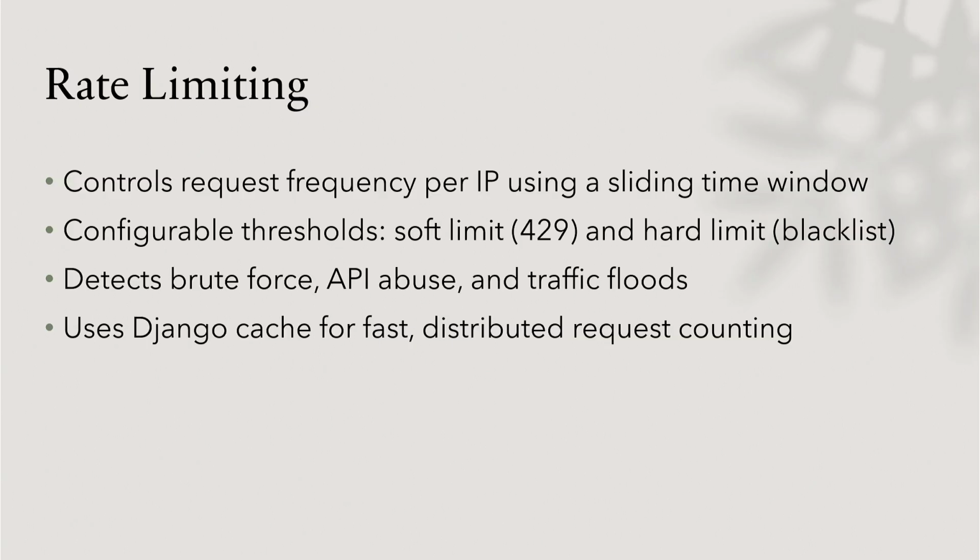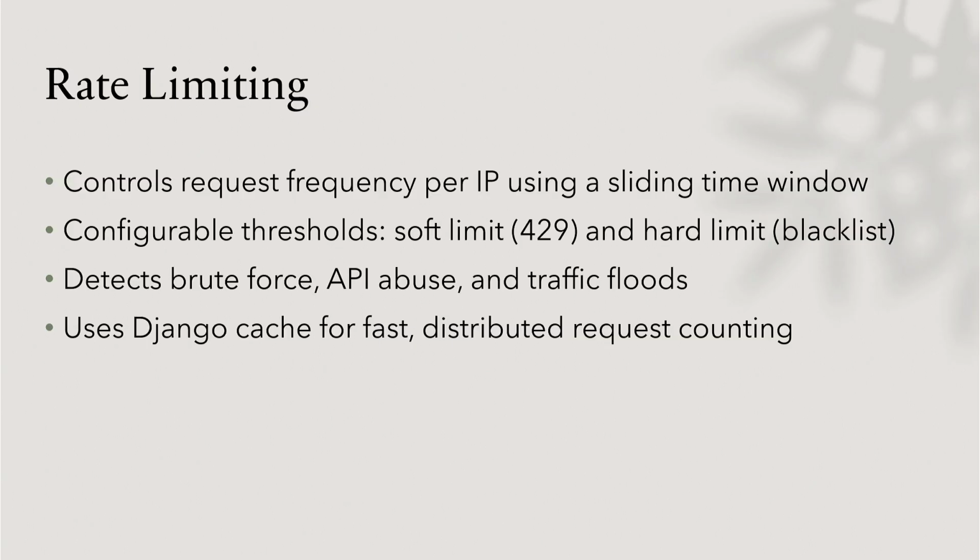So rate limiting is basically for DDoS, where if you're getting more than a specific number of requests in a sliding window, then you block them outright. For instance, if someone tries a denial of service, usually what they do is flood your server with requests.